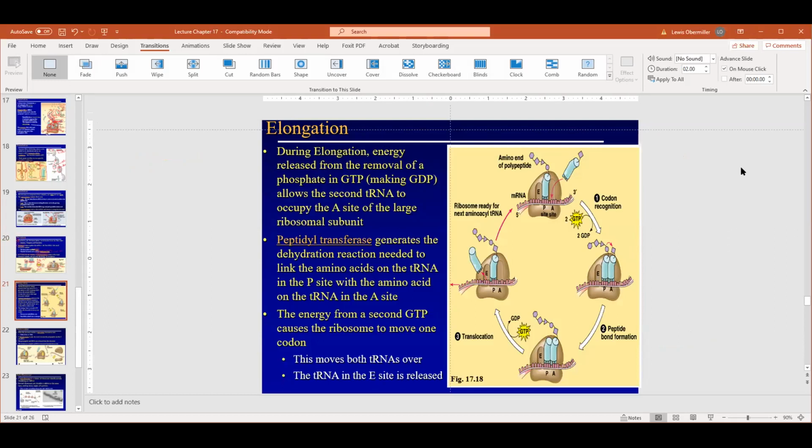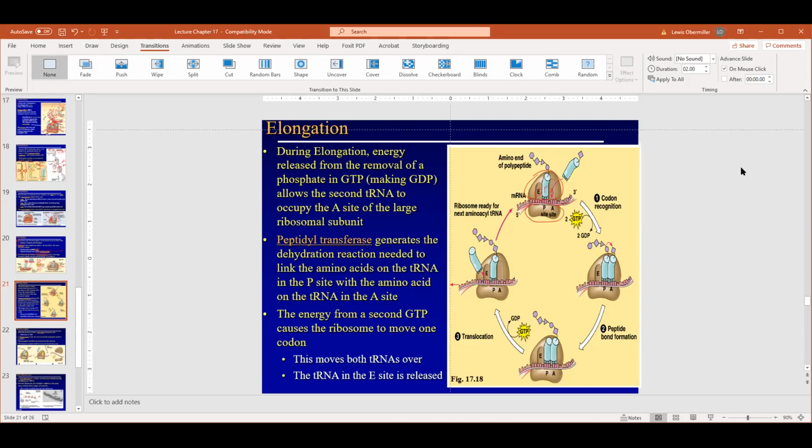So the artist, since in a flat book you can't have a video going, sort of made this drawing that shows you a frame by frame step of what happens. So here we have the mRNA, right? It's going through the small and the large subunit of the ribosome. Remember, the large subunit has the E site, the P site, and the A site.